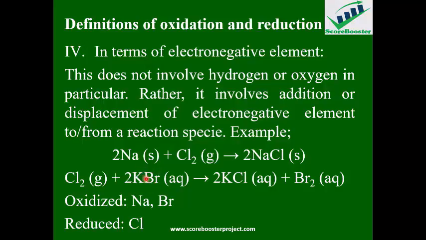If we remove the Br from here and put Cl here, what has happened to the KBr? What has happened to Cl? Cl has been reduced also, because it has joined an electropositive metal. Br has lost the electropositive metal to become Br, so it has been oxidized.